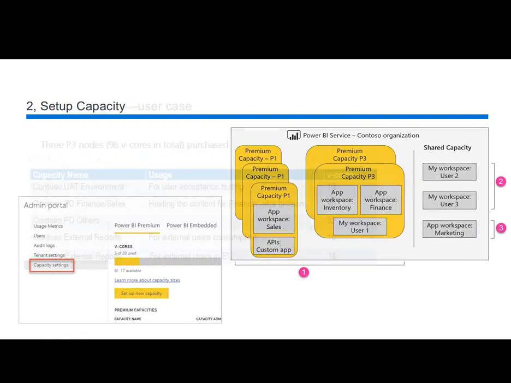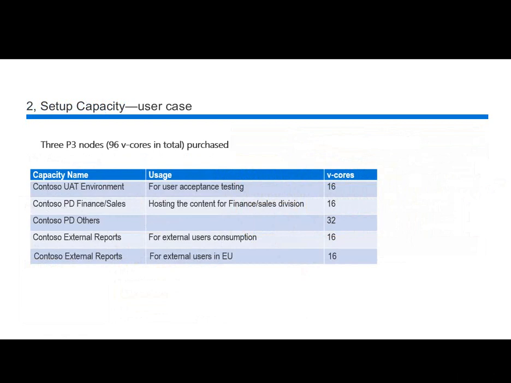So here's an example, a use case. Let's say this guy has 3 P3s. So in total, he has 96 vCores. For the UAT environment, he sets up a capacity named UAT environment with 16 vCores. So in the life cycle, he publishes to the workspace in UAT first.